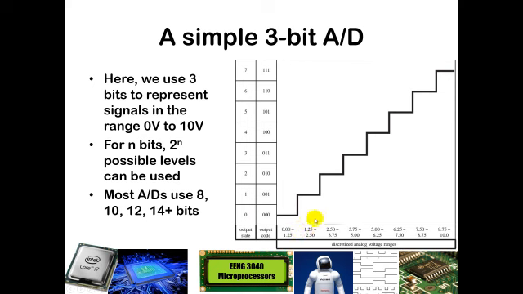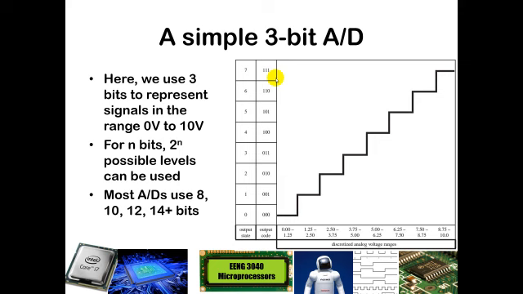If we are somewhere between 1.25 and 2.5, we'll be in bin 1, which is 001, and this will continue all the way up through bin 7, which represents 111. With 3 bits, we can sort our voltage into 8 different voltage bins.